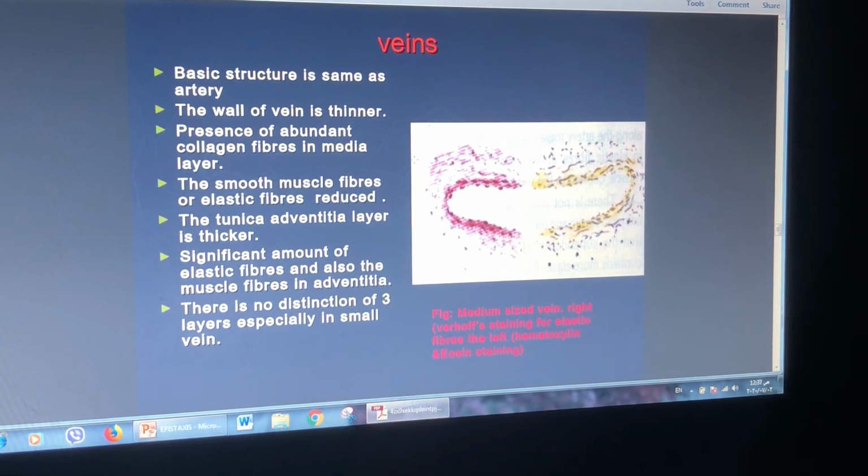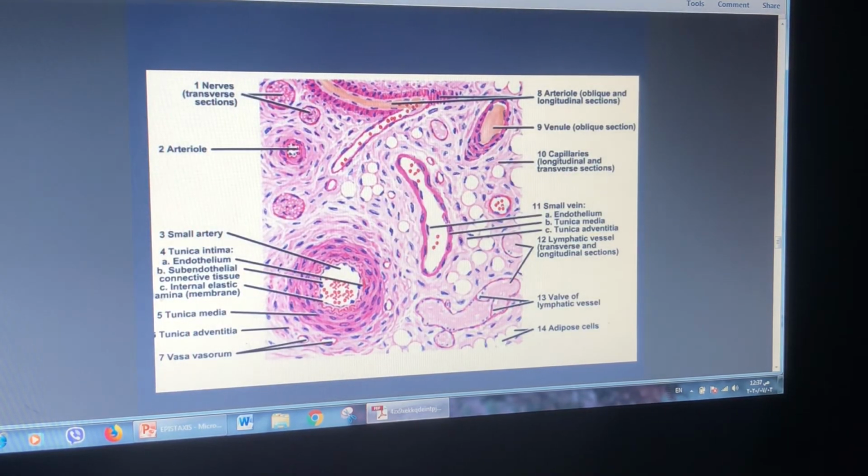There is also no distinction of the three layers, especially in a small vein. Now, this slide shows us a small vein. Here are the small veins, and this is the small artery, and this is the tunica media. This is the tunica media, and this is the tunica adventitia, and this is the venule. This is the nerve, and this is the arteriole.